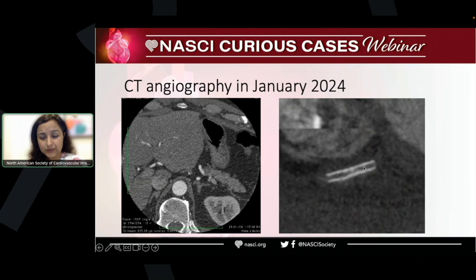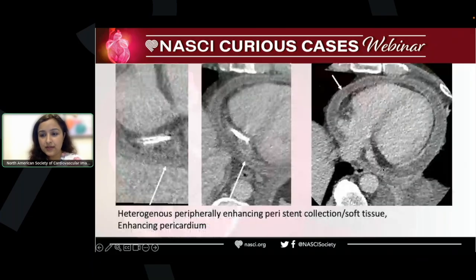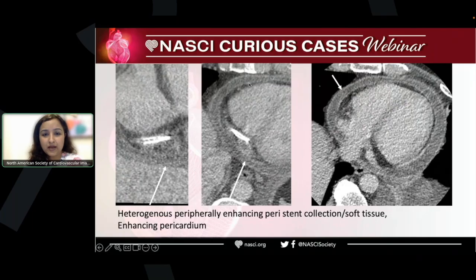So the stent was obstructed, and now you can see a lot more peristent hyperdensities. These are the delayed images that show enhancement of both the visceral and the parietal pericardium. There is pericardial effusion inside, and there is enhancing pericardium in the delayed images.